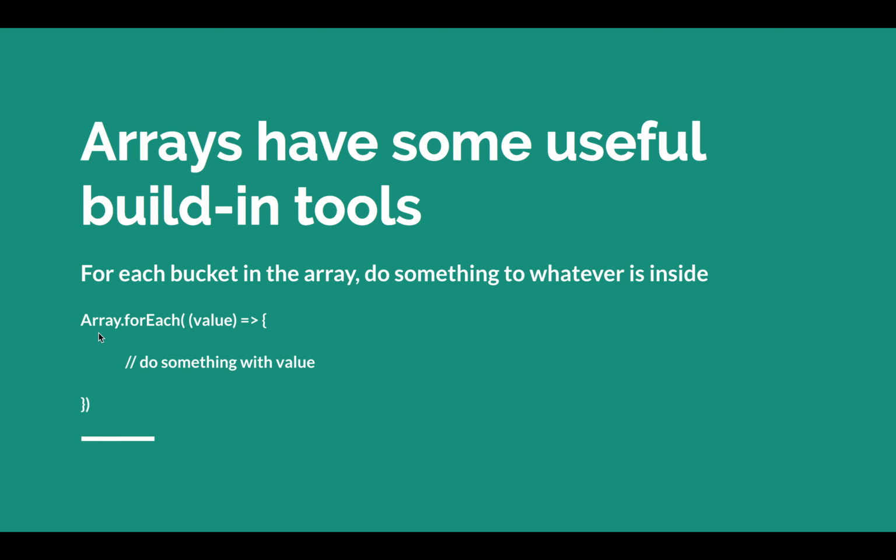The way you do that is you take your array variable, you say dot forEach, and then you have this weird setup of characters and symbols. But what's important is that we're saying for every box in the array, we're going to do something to that box. And this is incredibly useful for us.